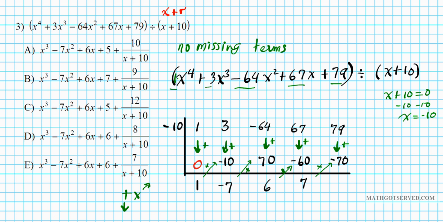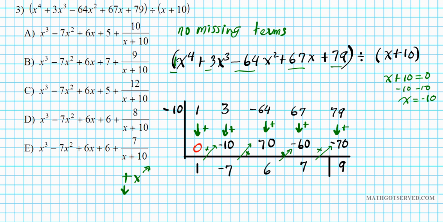When we add these two, we get positive 9. All right, and we put a line here to indicate that the last term is not part of the coefficients of the quotient, but just the remainder. These four terms here are the coefficients of the quotient, also known as the depressed polynomial.